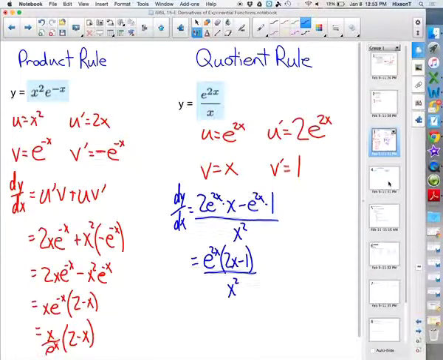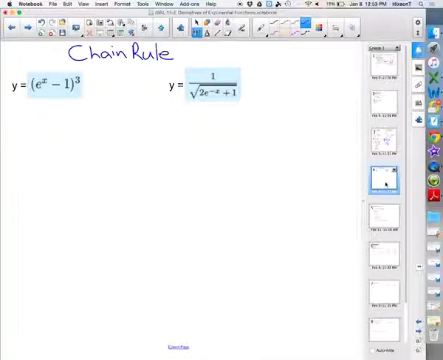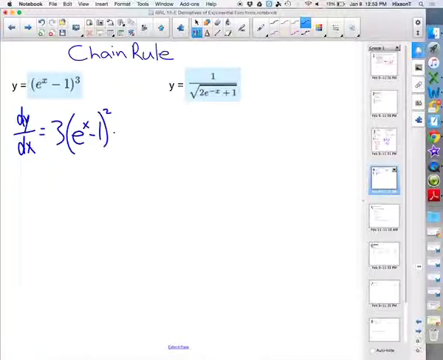Now, there are others where we have the chain rule. We could have this inside the chain rule. Here, dy dx is going to be 3 times this, now squared, but times the derivative of the inside. The derivative of the inside is just e to the x.